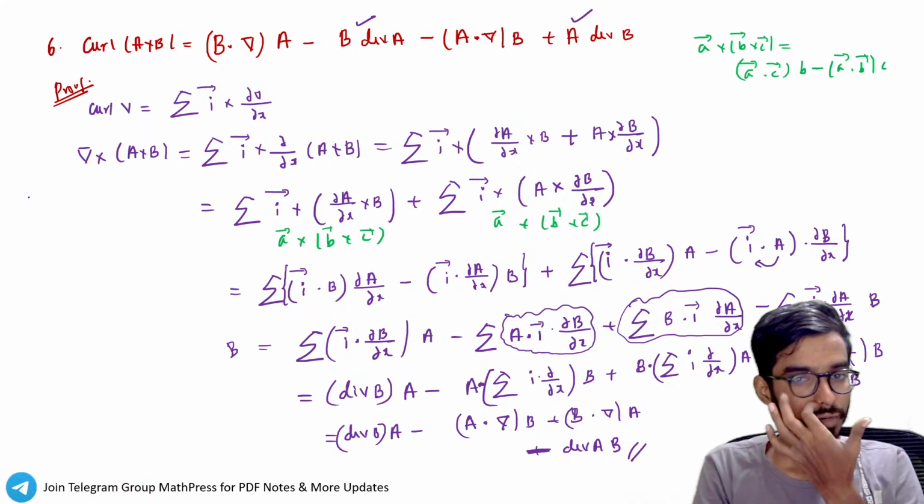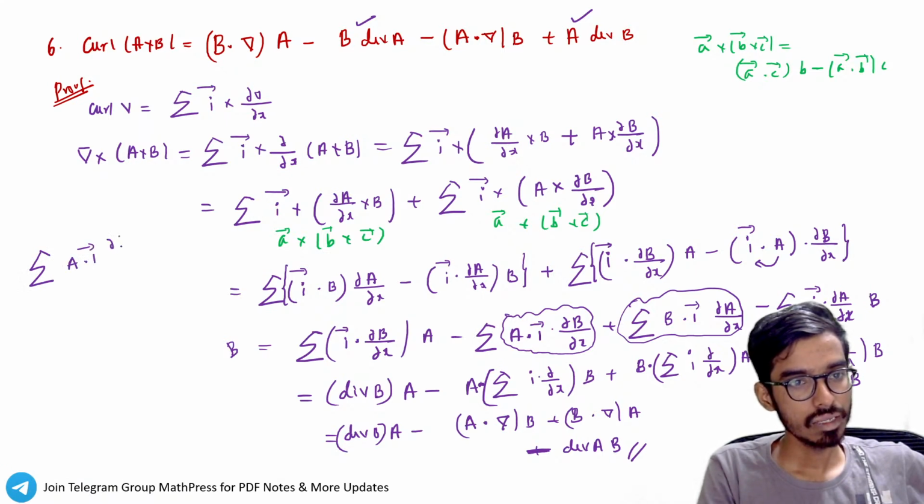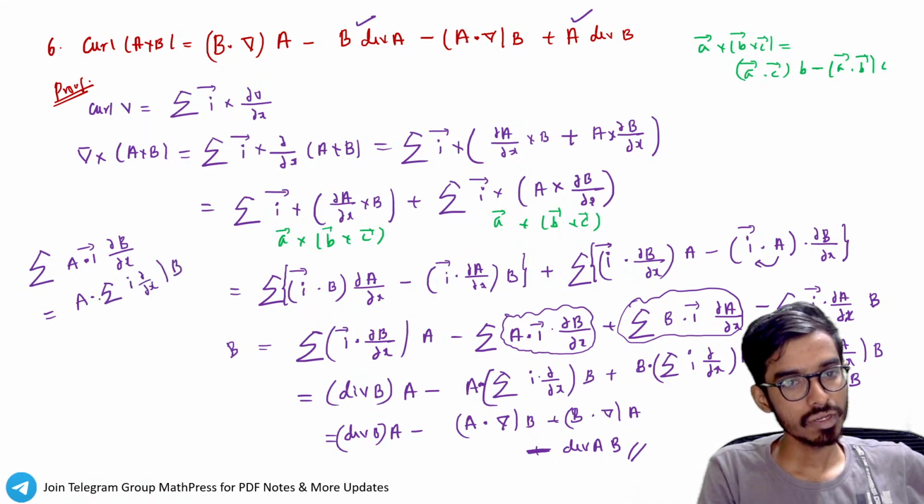Whenever you find summation of A dot I into dou B by dou x, right? You make it as a result. This is the same as A dot summation I dou by dou x into B, right? This is nothing but the del operator.